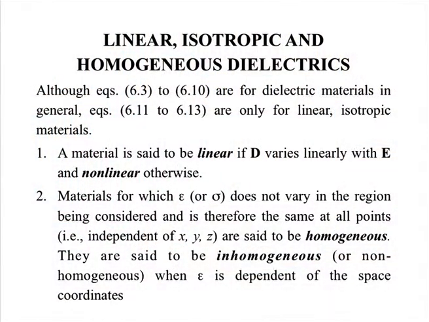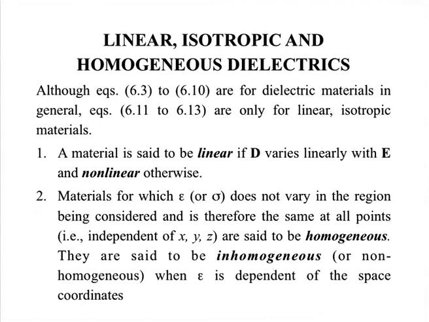Next, we come to linear, isotropic and homogeneous dielectrics. A material is said to be linear if D varies linearly with E, and nonlinear otherwise. A material for which permittivity does not vary in the region being considered and is the same at all the points, then that material is said to be homogeneous.